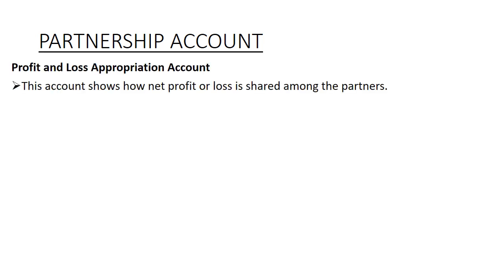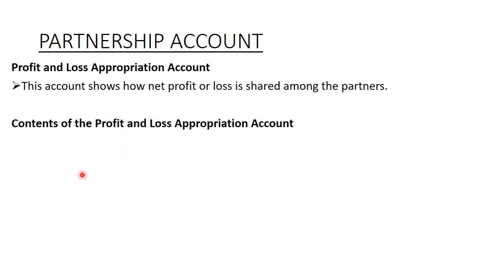We've talked about the profit and loss appropriation account. What is it? It is an account that shows how net profit or loss is shared among the partners. That's all.